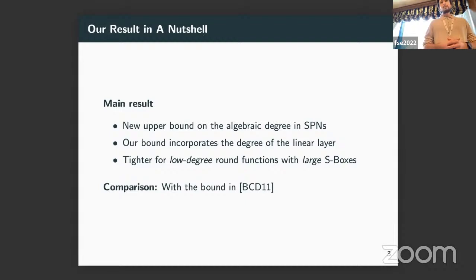On the contrary, it may not improve state-of-the-art bounds for small S-boxes or high-degree round functions. We compare our bound with the bound by Christina Bura and Christophe de Canière, which is arguably the best theoretic upper bound in the literature. I will refer to this bound as the BCD bound.